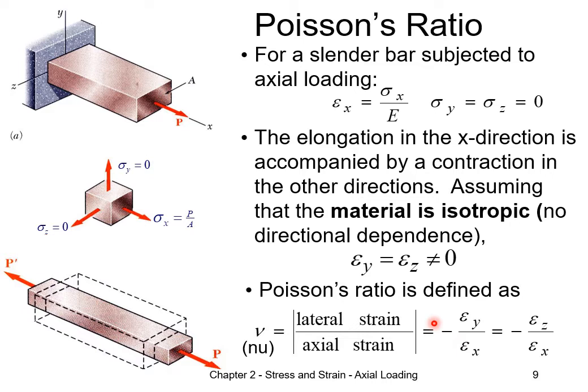It gives the ratio of the amount of change in material length in one direction, epsilon y and epsilon z, to the amount of change in material length in the x direction, epsilon x. The negative sign here is to make the Poisson ratio positive, because contraction is negative.